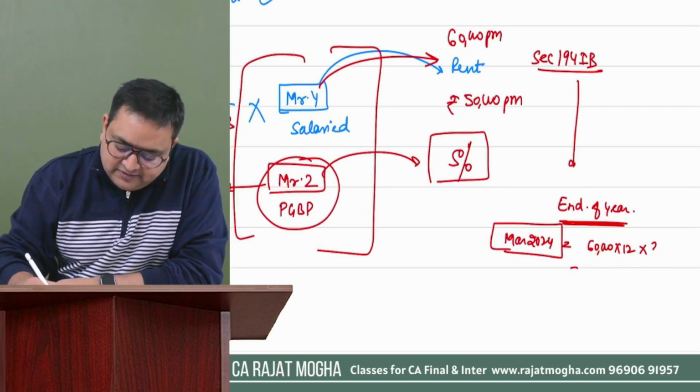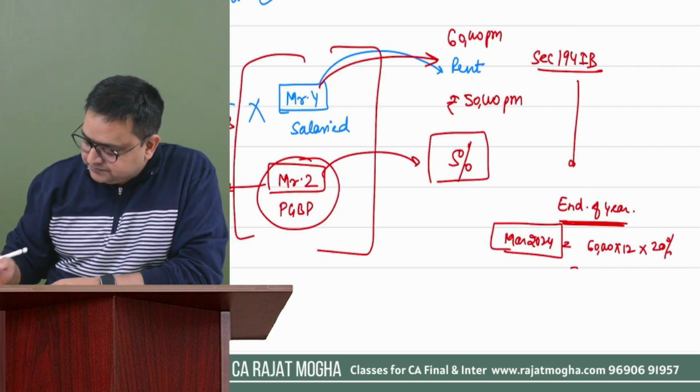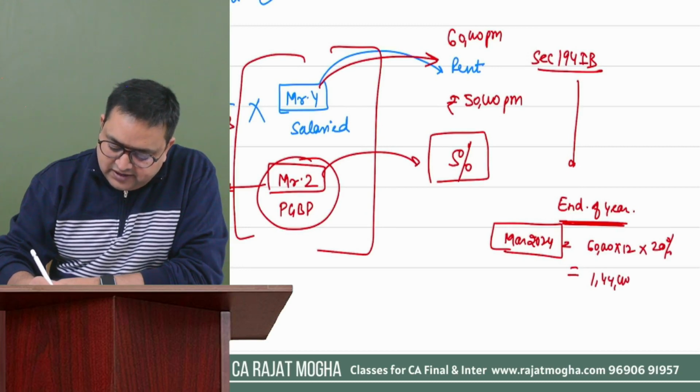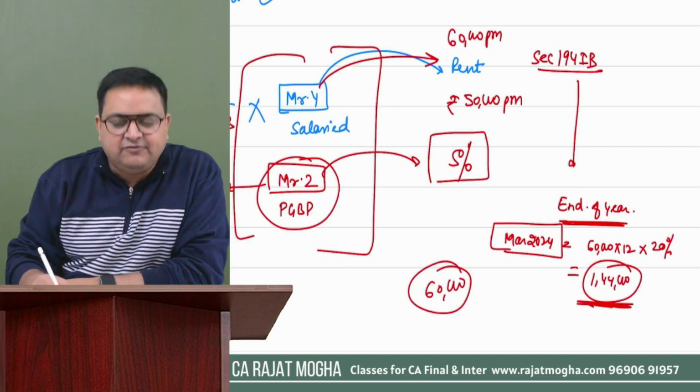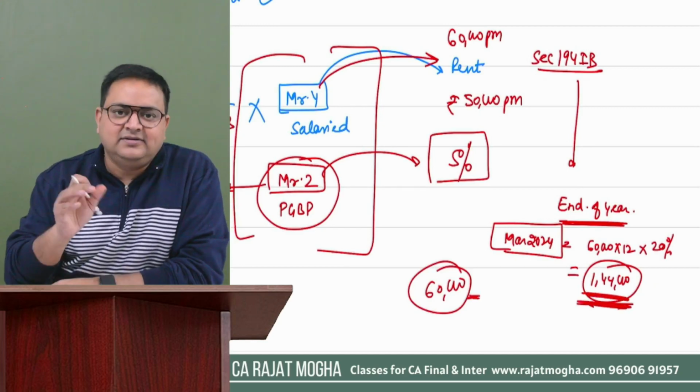We will deduct 20% TDS, which will come to 1,44,000, correct? But last month, how much rent are we paying? Just 60,000. So we cannot deduct 1,44,000, right? In that case, we can only deduct 60,000 TDS.